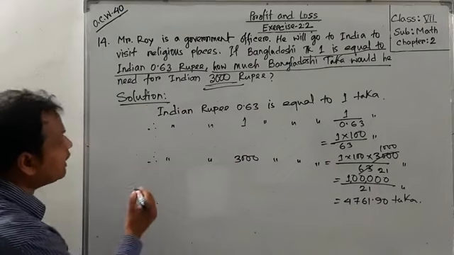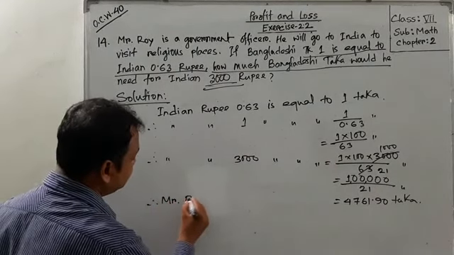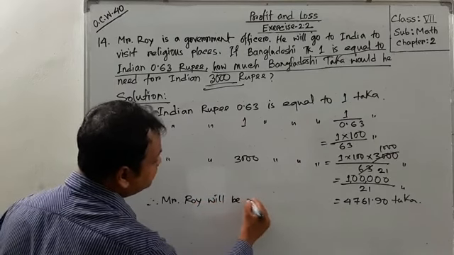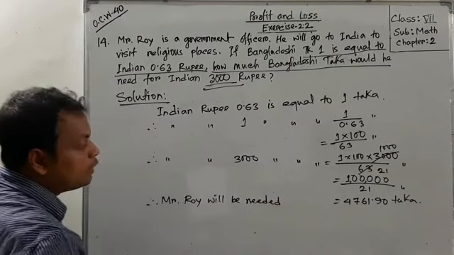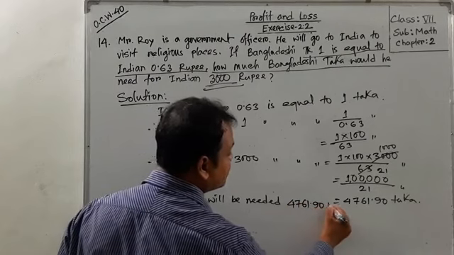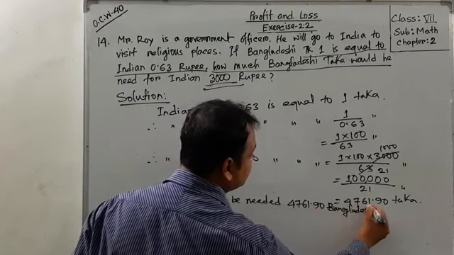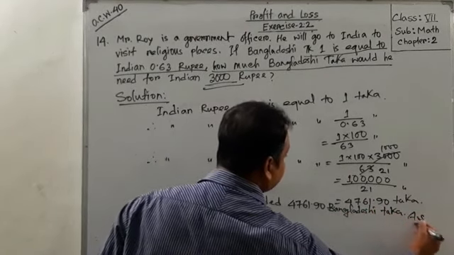Therefore, we'll write Mr. Roy will be needed 4761.90 Bangladeshi taka. This will be the result.